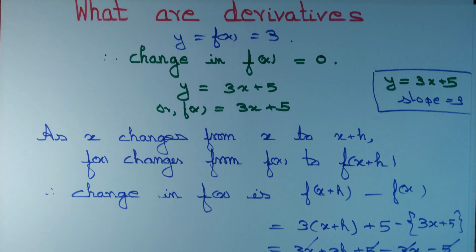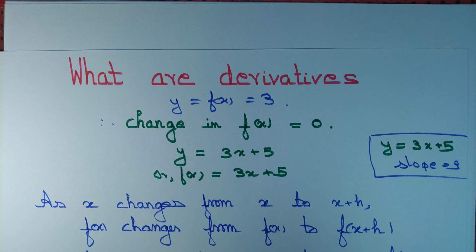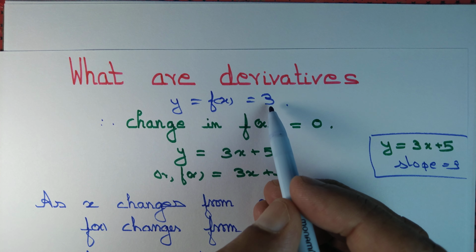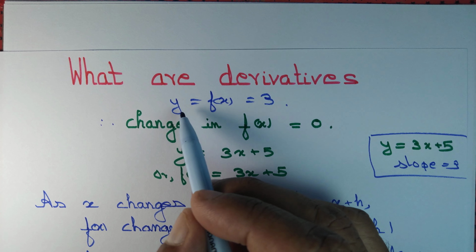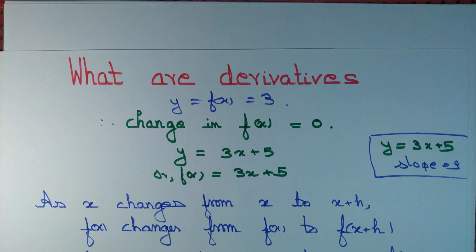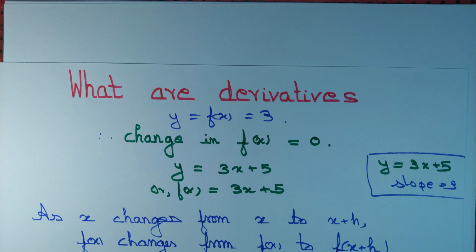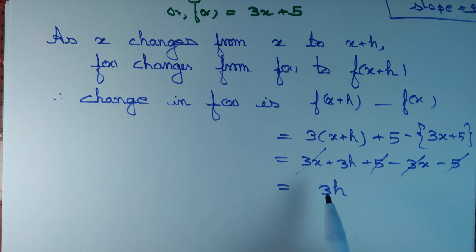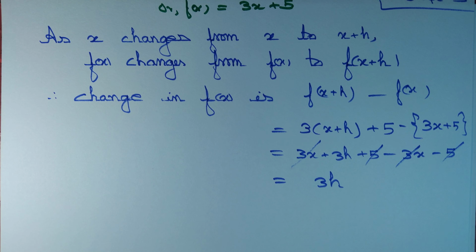If we take the simplest function, the constant function, we see that change in f(x) equal to 0. That's a nice number, right? Change is simply 0. But in this case, it's not that nice. Change in f(x) is dependent on what is the change in x.